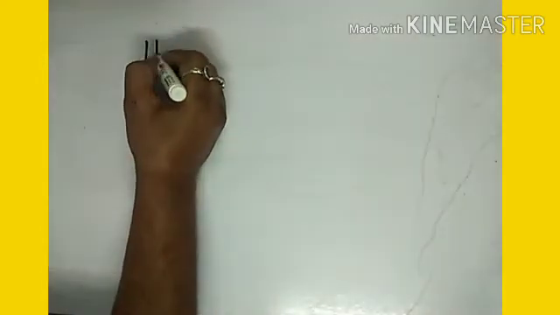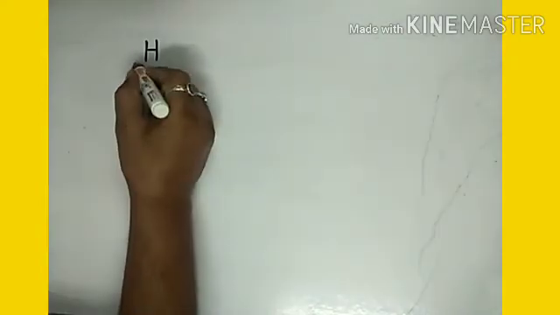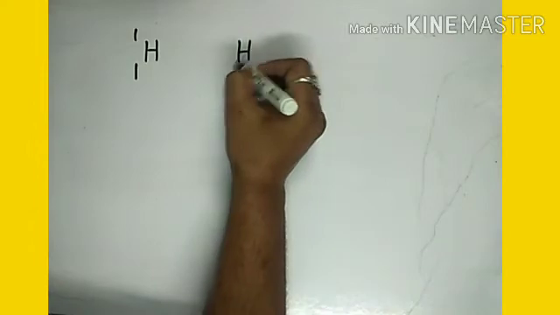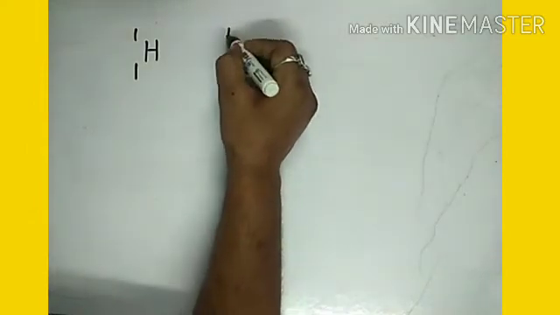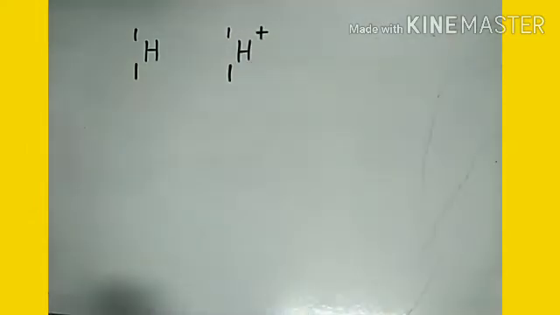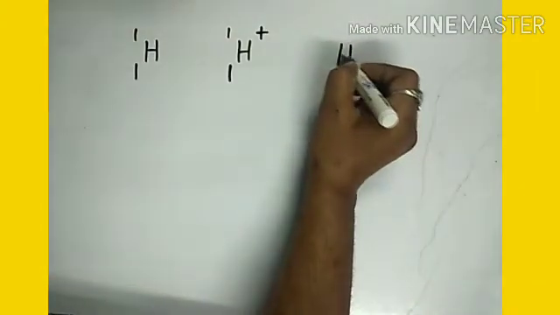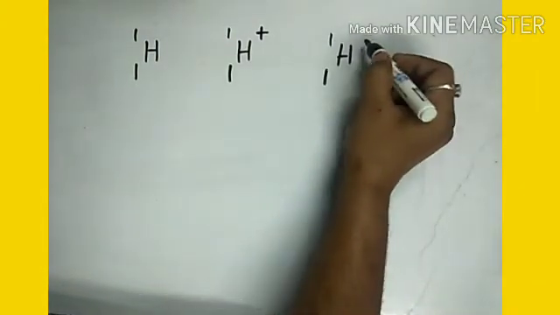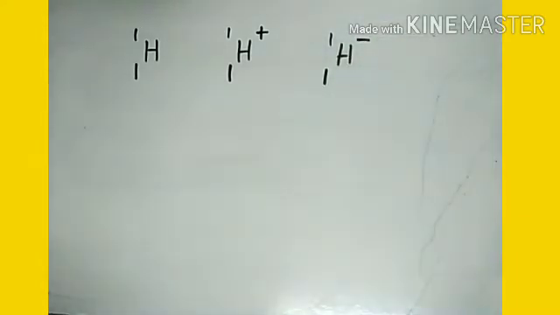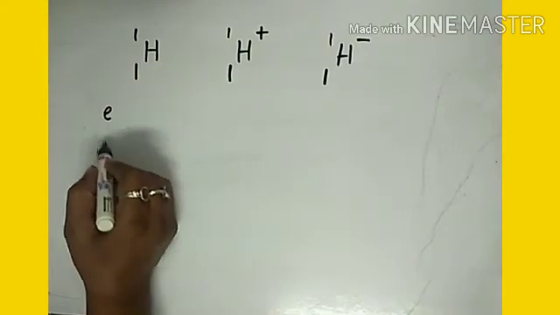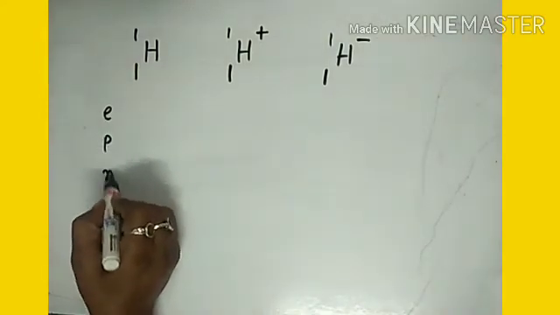Well, let's see a few more examples to represent the number of electrons, protons and neutrons. Here we have one example, that is H, 1, 1, and we have H1 which is positively charged, and 1, 1 which is obviously negatively charged. So you have to find out number of electrons, protons and neutrons.